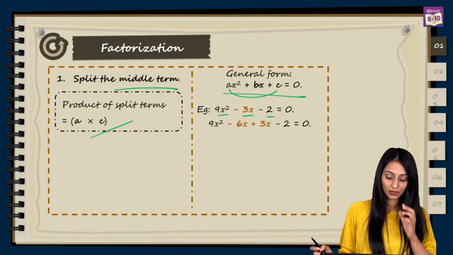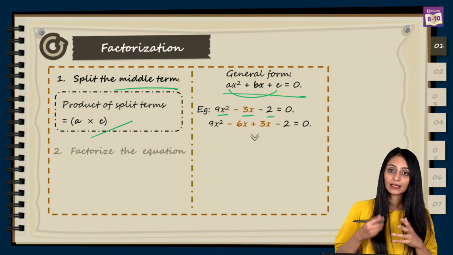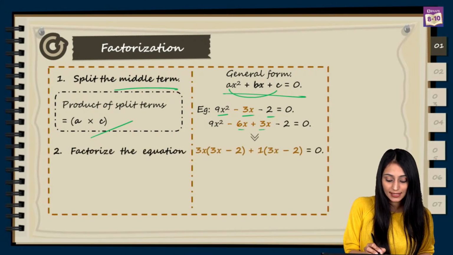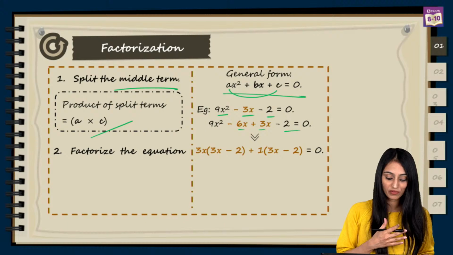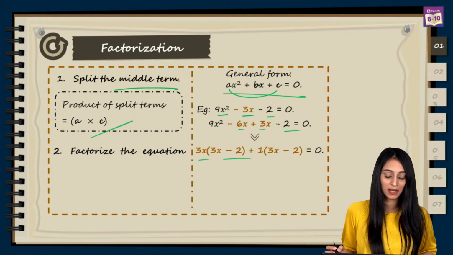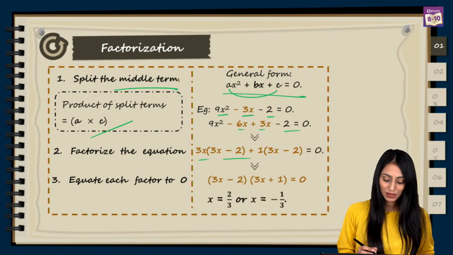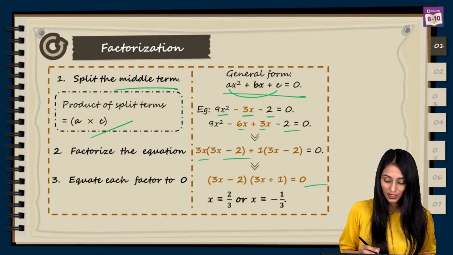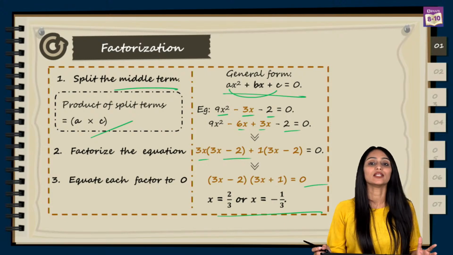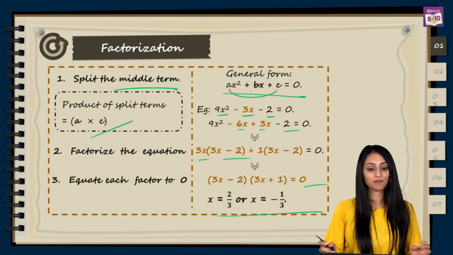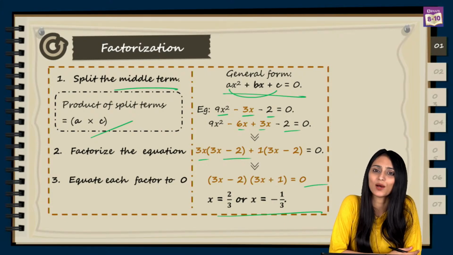You split that up, right? And we take the pairs. So we have 9x square minus 6x plus 3x minus 2 equal to 0. We factorize this equation, 3x(3x minus 2) plus 1(3x minus 2) equal to 0. Then what do we do? We simply equate each of these factors to 0 and then you get the final answer. So 2 by 3 and minus 1 by 3, right? That's how we do it.